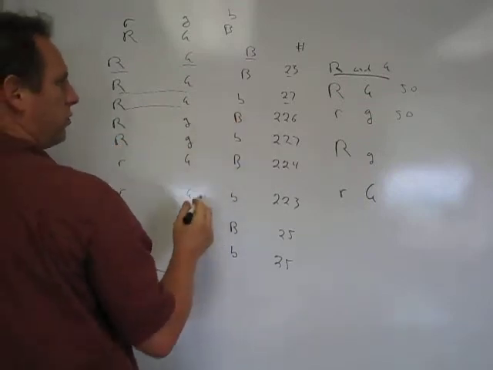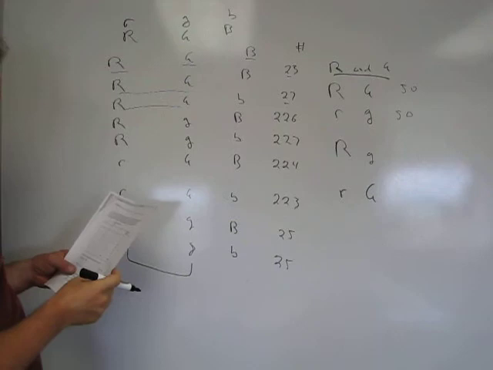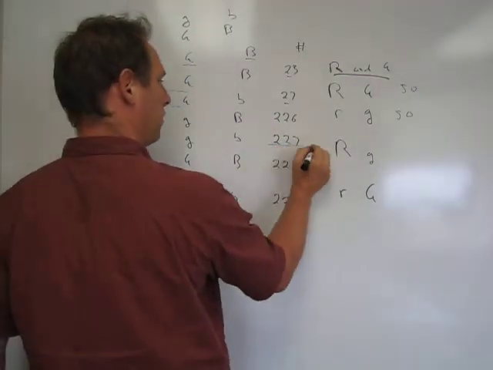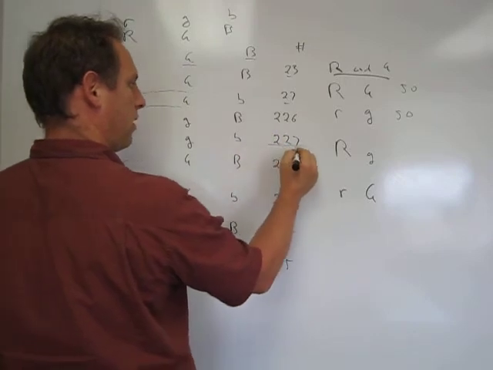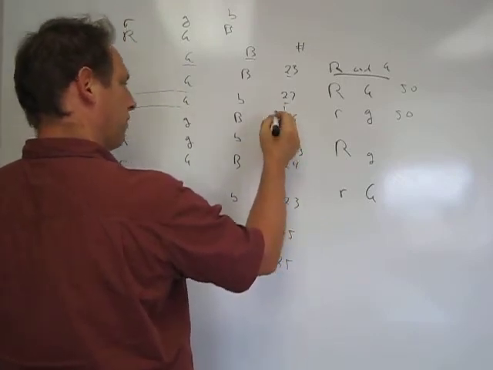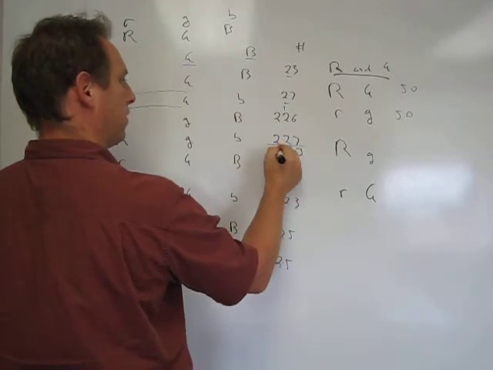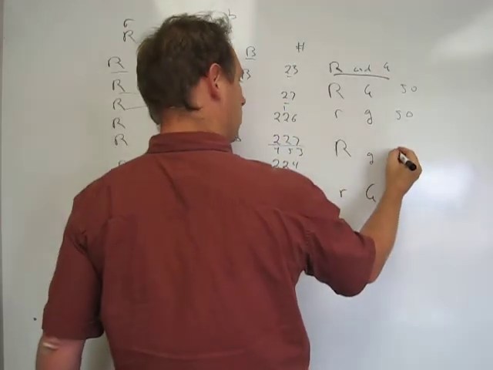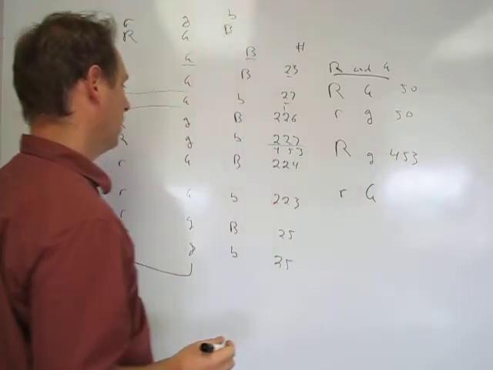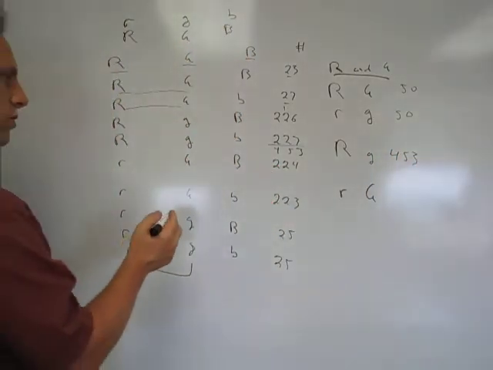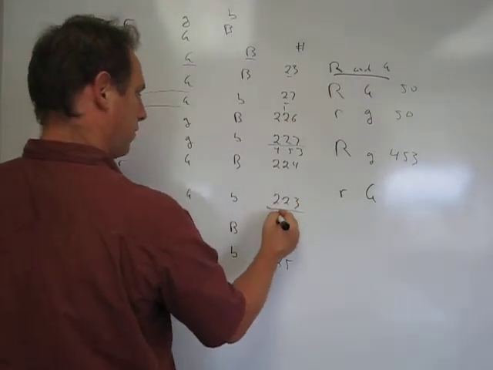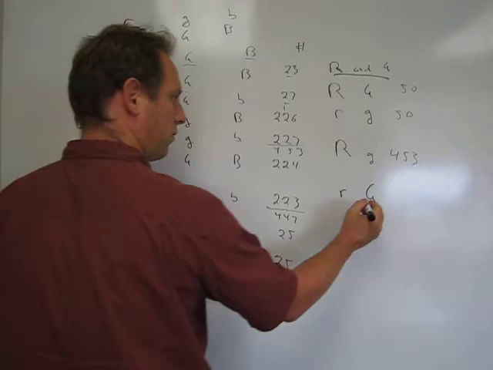Well, that's 226 plus 227, which I'll have to do the math there because I don't have it off the top of my head. 453 of this class. And little r, big G, 224 plus 223, so that's 447.